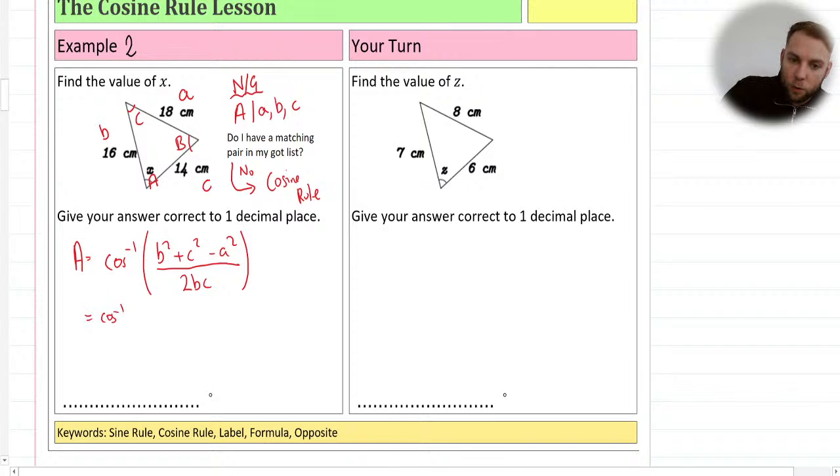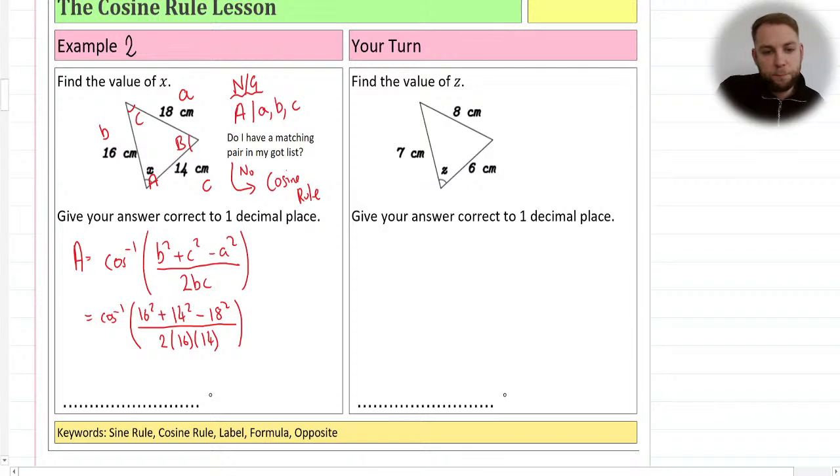Cos to the minus 1 of b squared, which is 16 squared, plus c squared, which is 14 squared, minus a squared, which is 18 squared, all over, using the mini brackets for the bottom, 2 times b, which is 16, times c, which is 14.